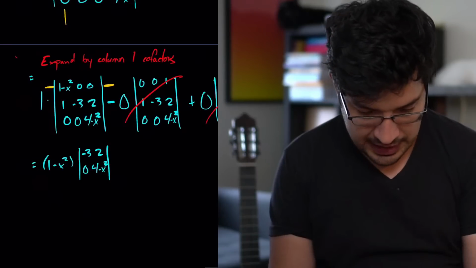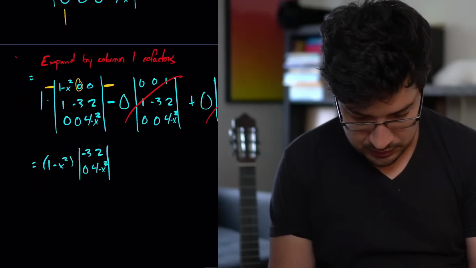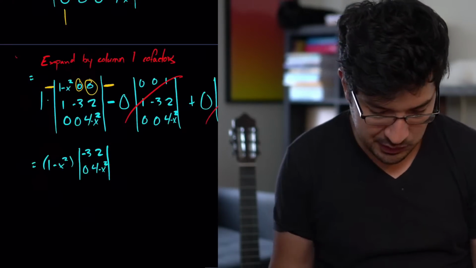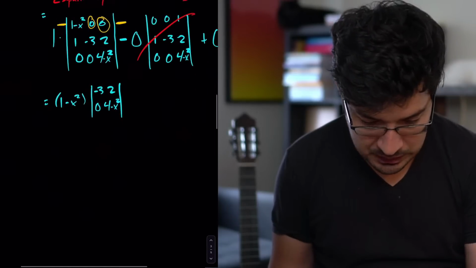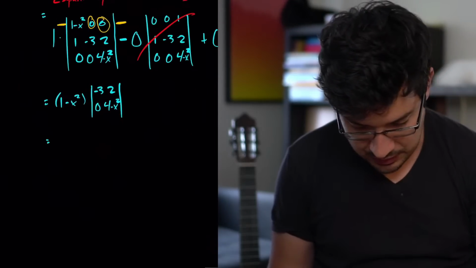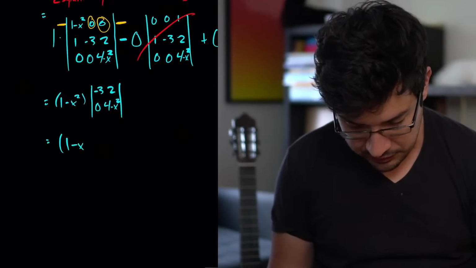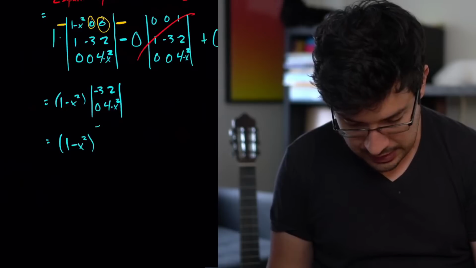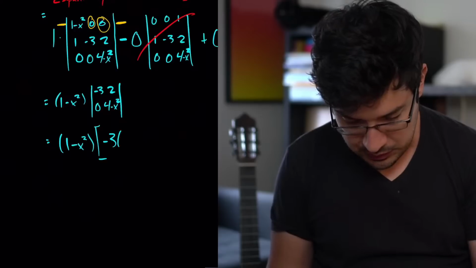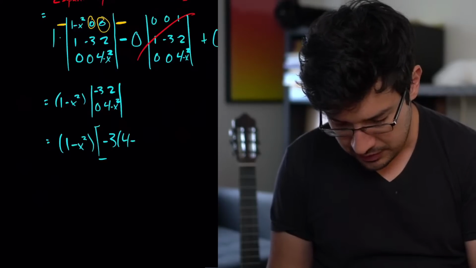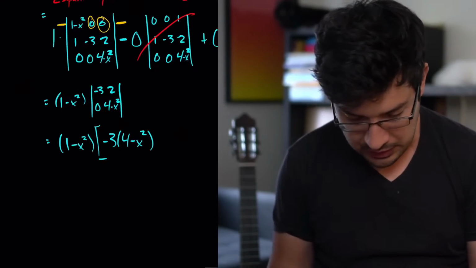And then again, 0, 0, so I'm not even going to write the other terms. And now this is 1 minus x squared times this 2 by 2 determinant, which we have a nice formula for.